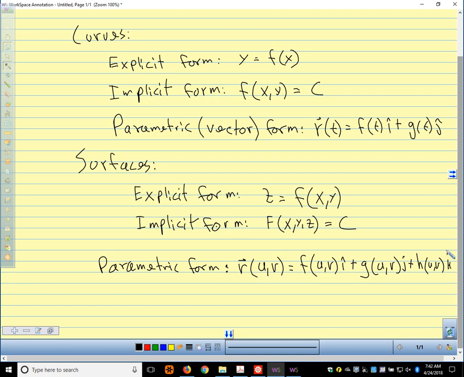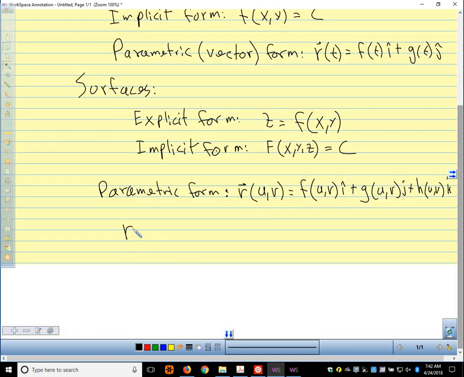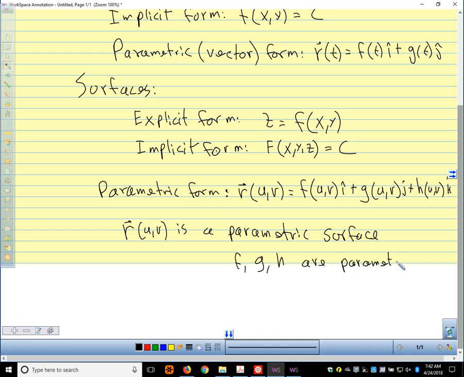So we're going to say that r of u and v is our parametric surface, and F, G, and H are the parametric equations for the surface.